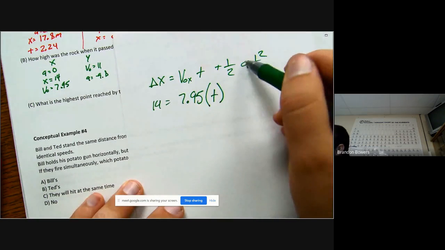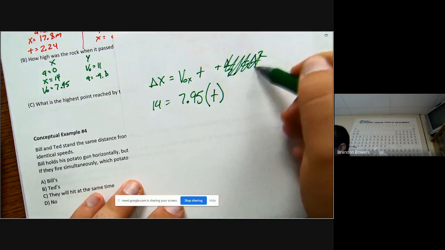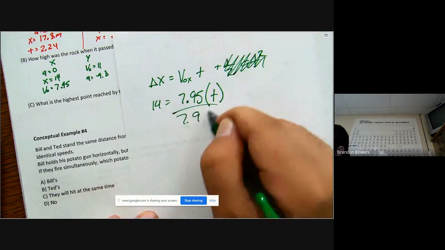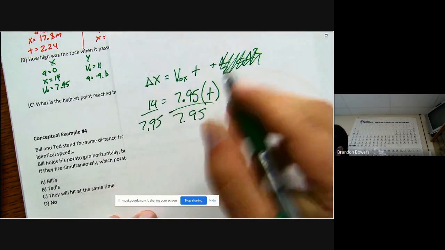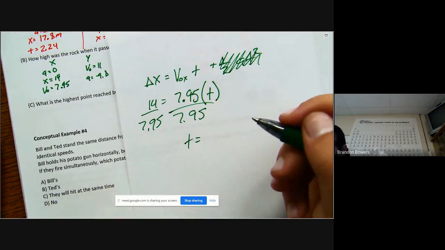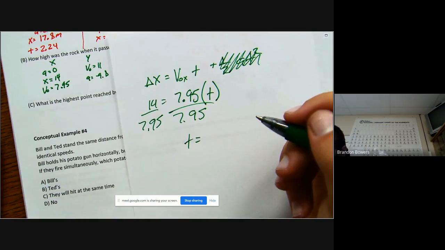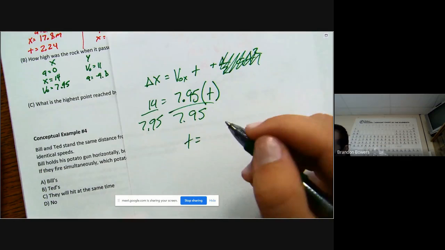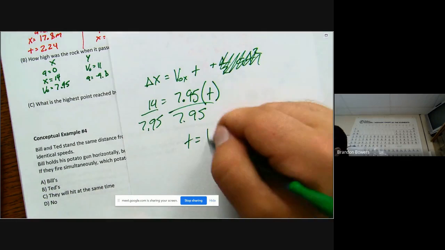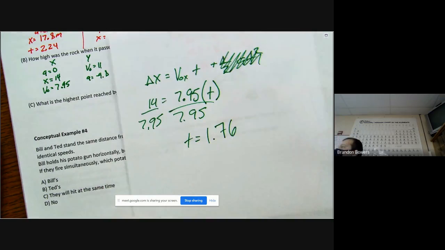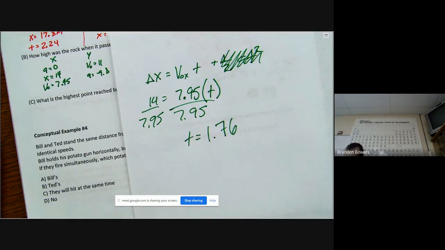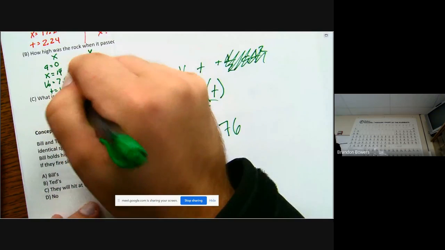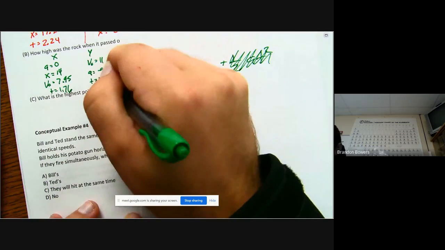My acceleration in the x direction is just 0, so I can get rid of that. To get my time, I just divide over. I got 1.76. Time is 1.76.